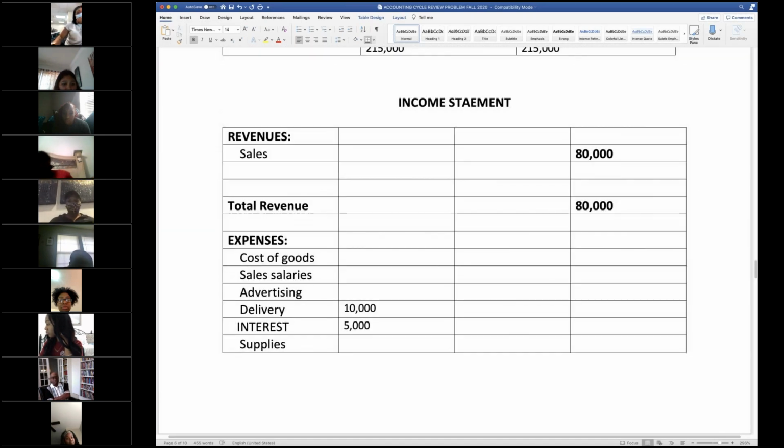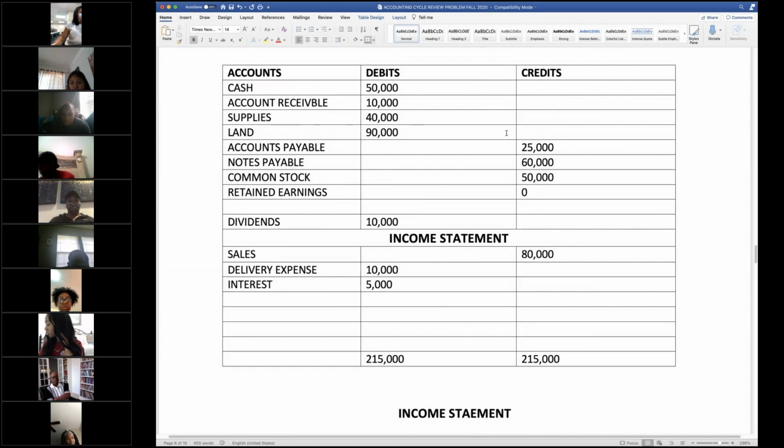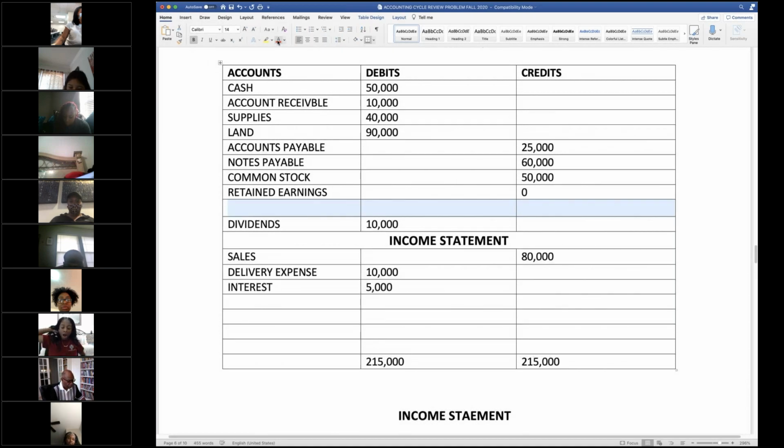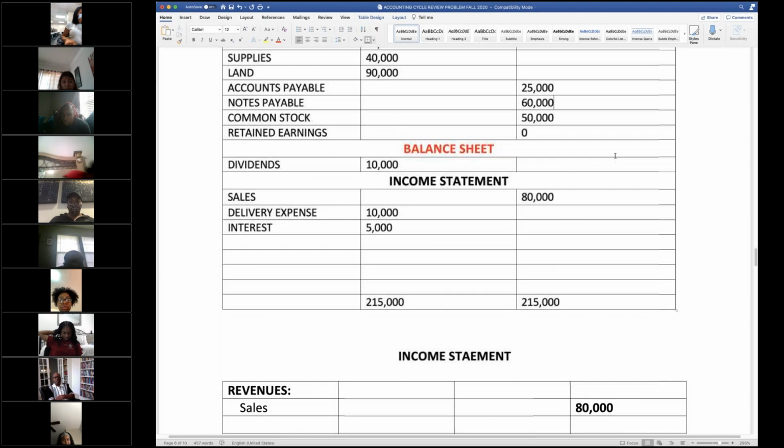Now, we're going to prepare a balance sheet. I'm going to put balance sheet here. So everything above this line is going to go on the balance sheet, okay?